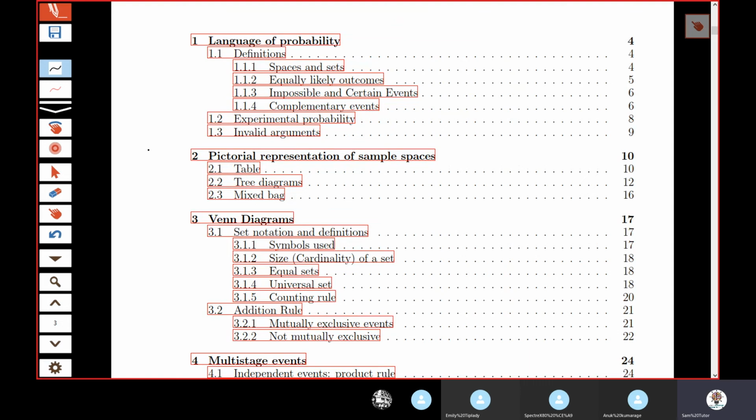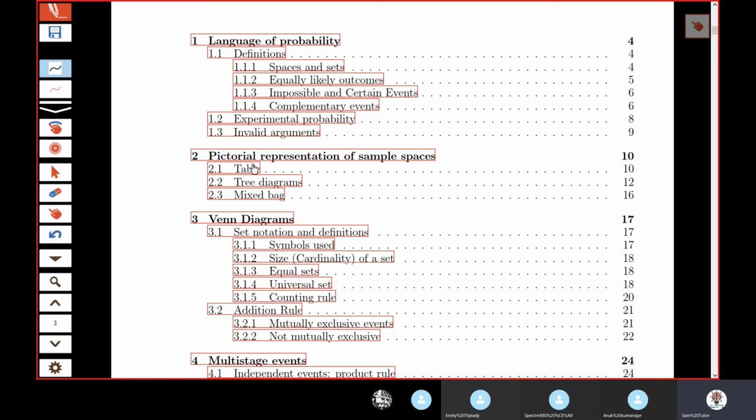Most of this is just the same as Year 9 and Year 10. So, the language of probability: what probability is, sample spaces, impossible events, complementary events, some experimental probability, invalid arguments, pretty straightforward stuff.